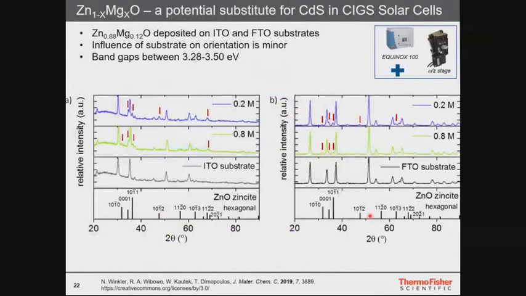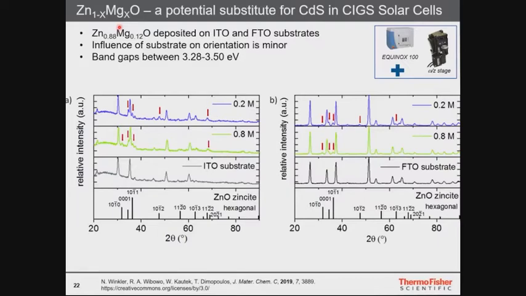The last step, the group deposited one selected composition, which you can see here, on commercially available substrates like indium tin oxide or fluorine-doped tin oxide, to see if it influences the orientation and also the growth.